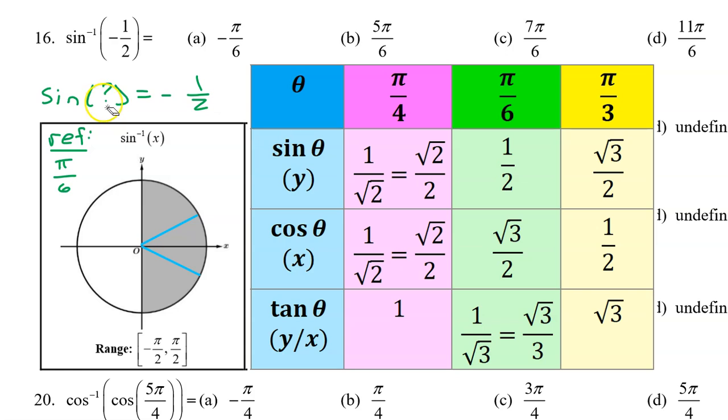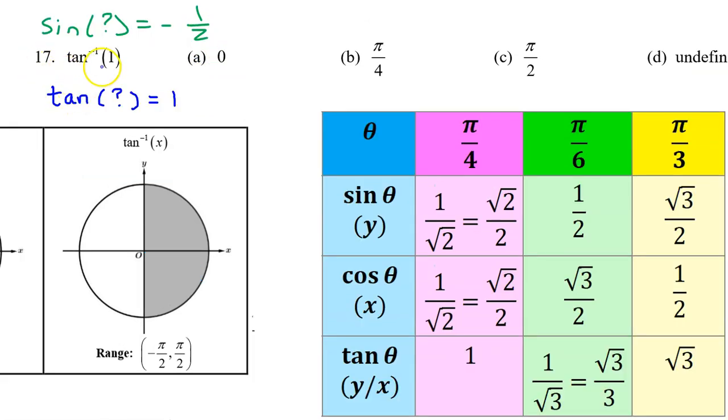Since in this case we want the sine to equal negative 1/2, we choose the angle in the fourth quadrant where sine is negative. Be careful, we cannot use the angle 11 pi over 6 because this takes us outside of the restricted range for arcsine. Instead, we will go clockwise and use the angle negative pi over 6. So the answer is A.